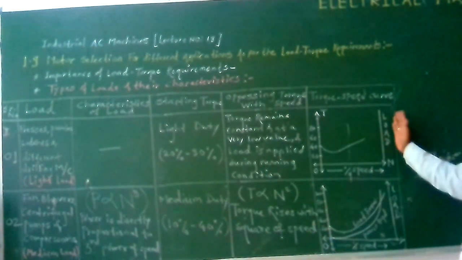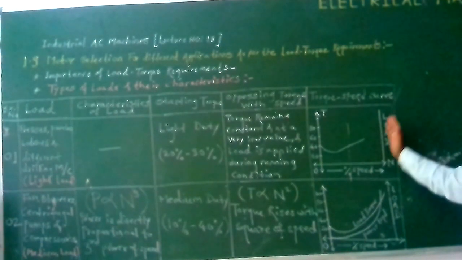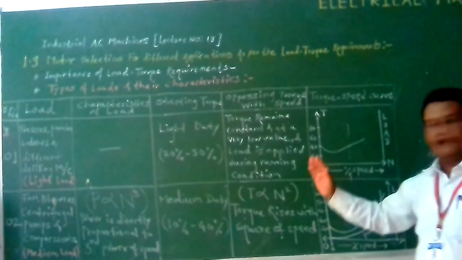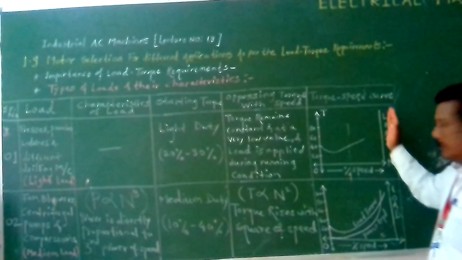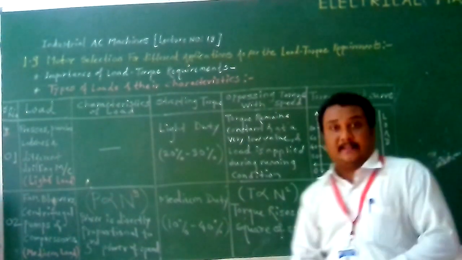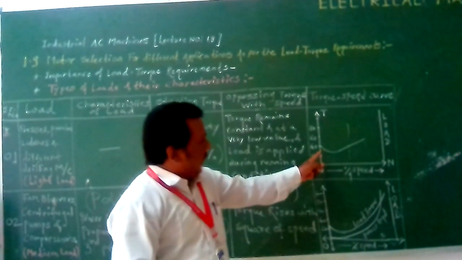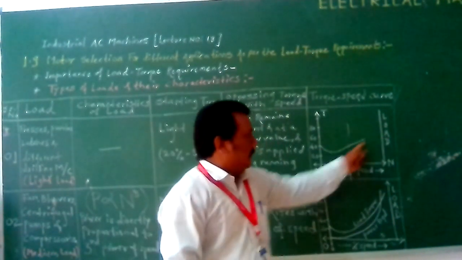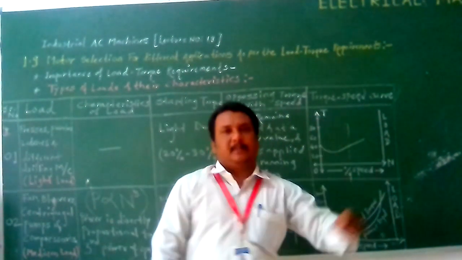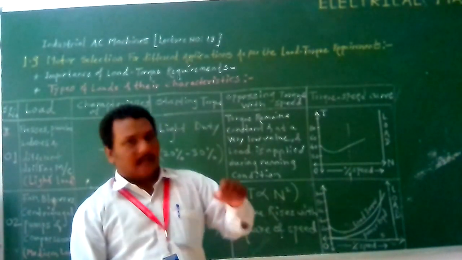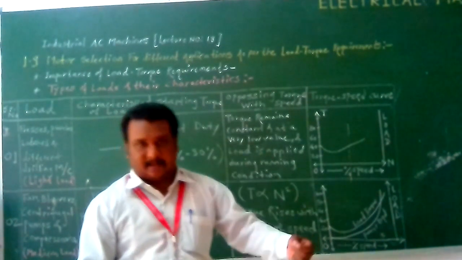Conversely, here is a parallel axis for load; torque is proportional to load, so as load increases, torque also increases. So this is the first type of load, the light load, and its characteristics.